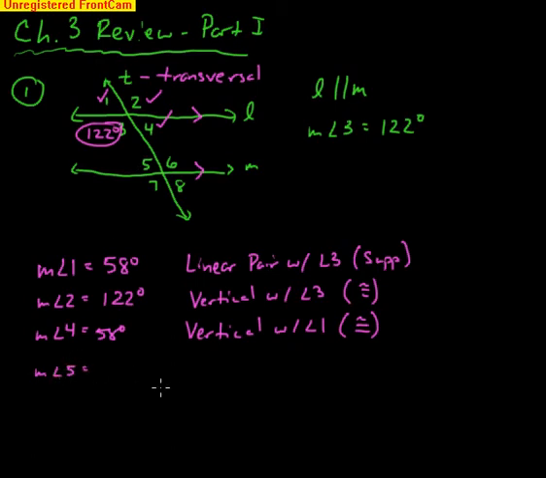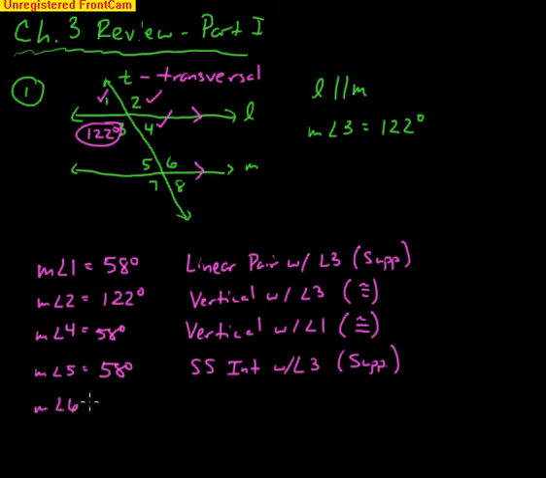And because lines are parallel, same side interior angles are supplementary. So the measure of angle 5 is 180 minus 122, which is 58 degrees.